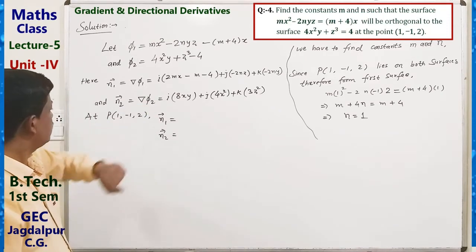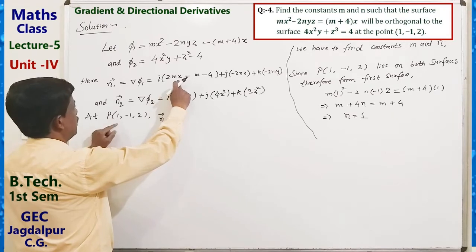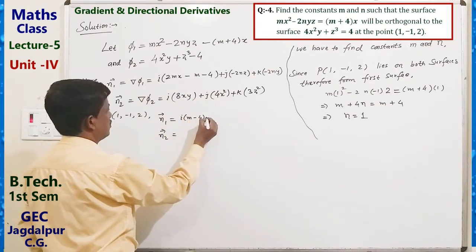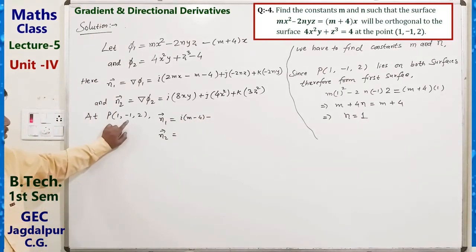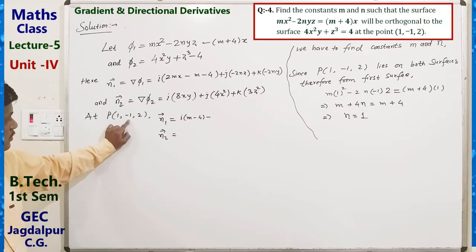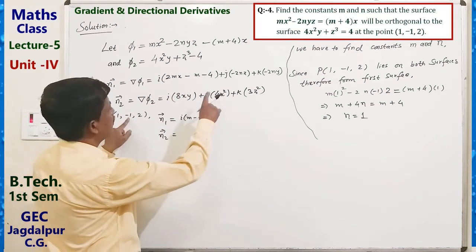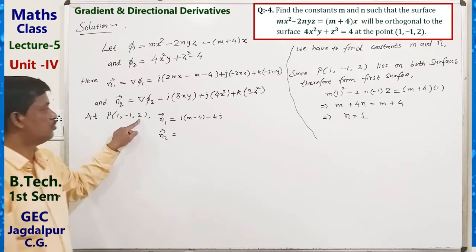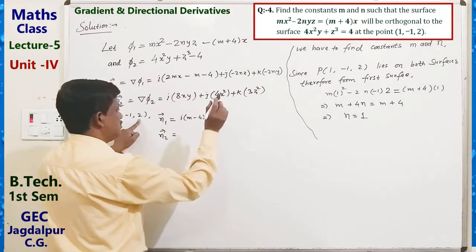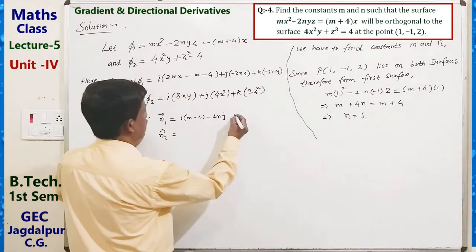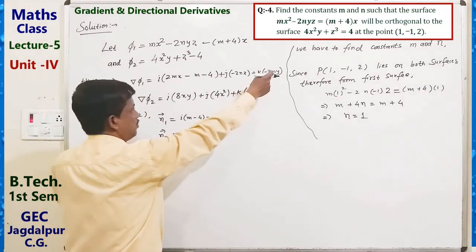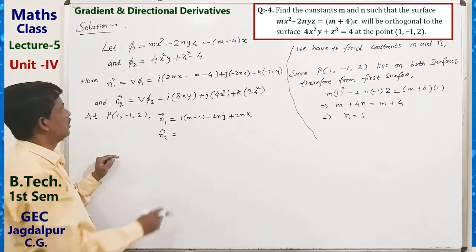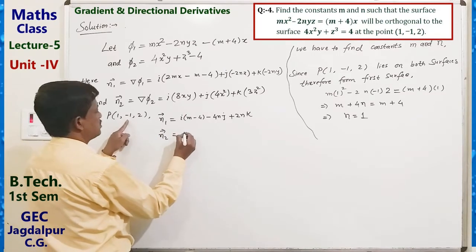At this point, so x equal to 1, so 2m minus m minus 4, i m minus 4, plus minus 4nz, 1 in place of z, minus 4nz, and here y equals to 1 minus 1, so plus 2nk, and 2x and y minus 1, 1 minus 8i.